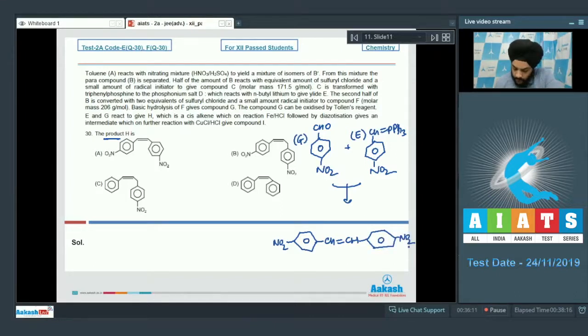So this is the product H which is required. Okay, so if you look at the options which are given to us, students, we can clearly see that for question number 30 we have to mark the correct answer as option A. Okay, we can now look at the next question, students.